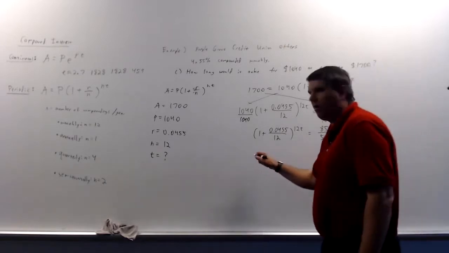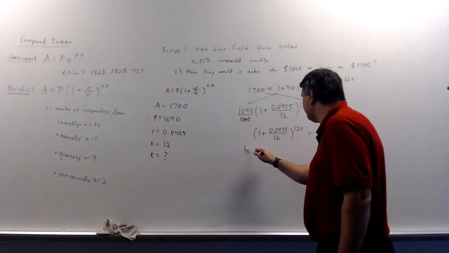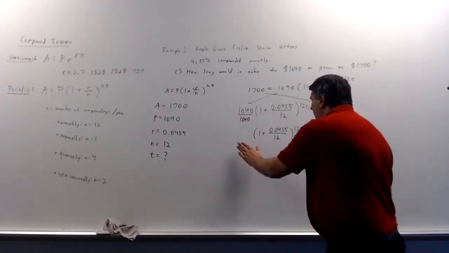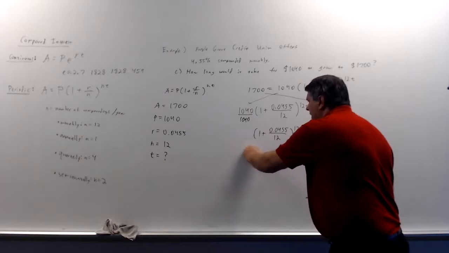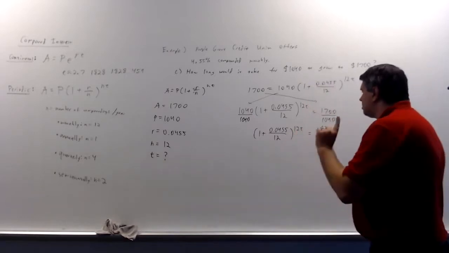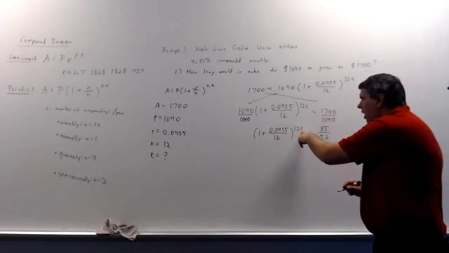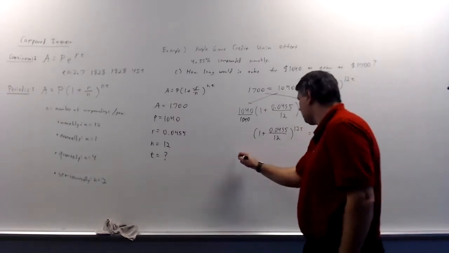Okay, all right, so we have the logarithm. So what I want to do, sorry, I'm using another method, so I'm going to erase it. Forget I did that. Okay, so I want to get t out of the exponent. All right, so I'm going to use a natural log.